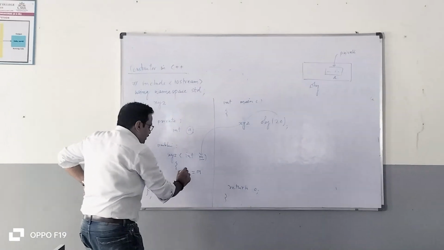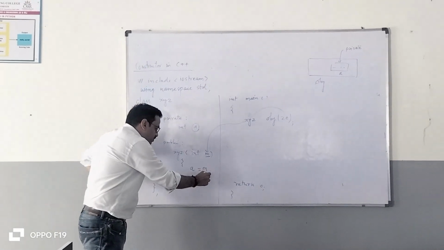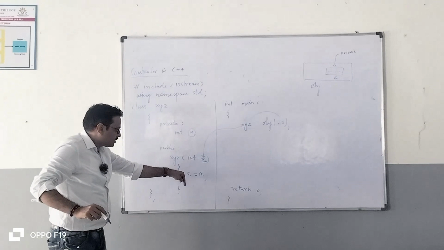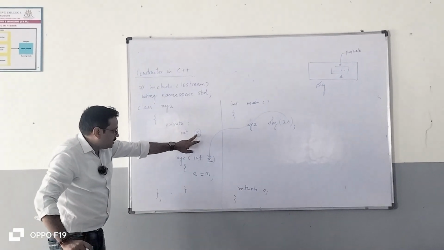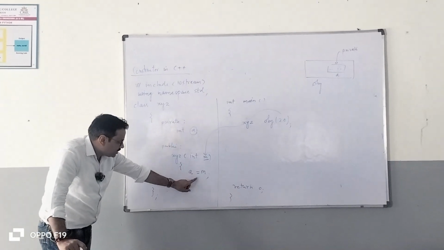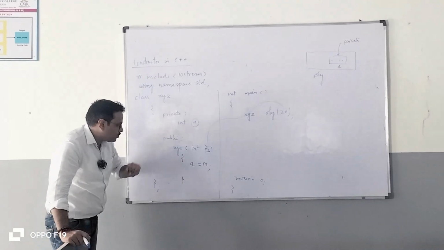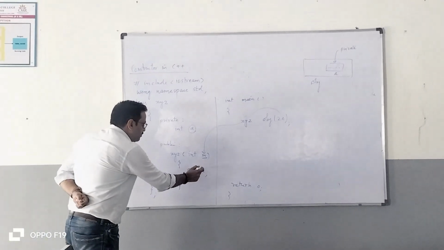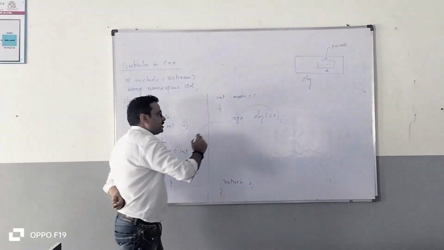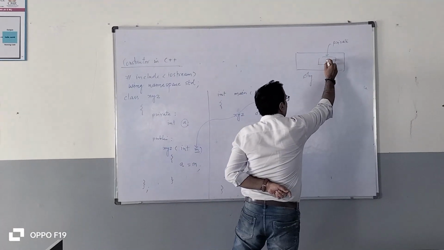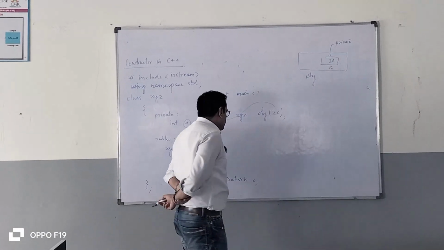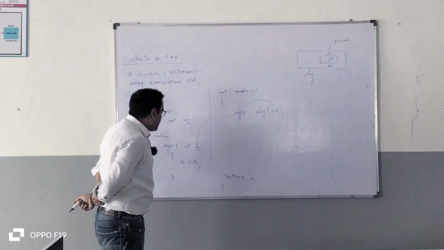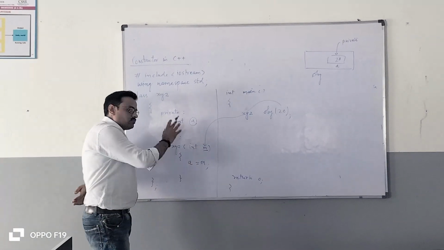I will be able to do so because I am doing all this work inside the class. Though it is a private data member, since I am doing it inside the class, this is allowed, and the value of m can be transferred to this a, and ultimately this 20 will be stored in this a. Now in this way, we can initialize the object by the use of the constructor.